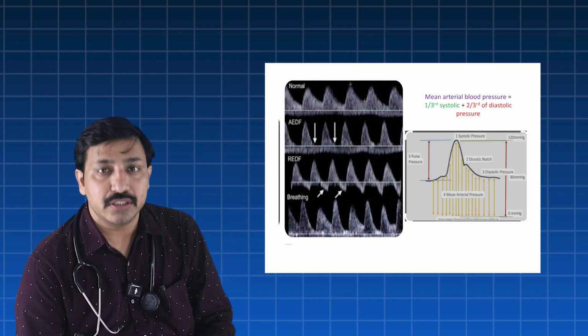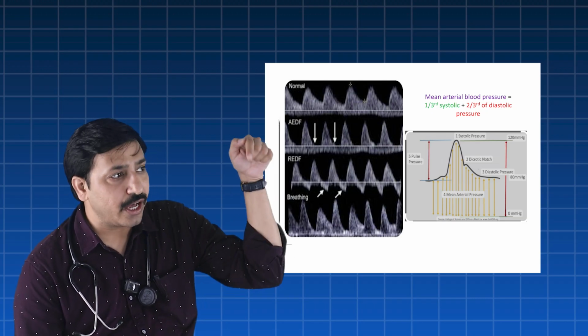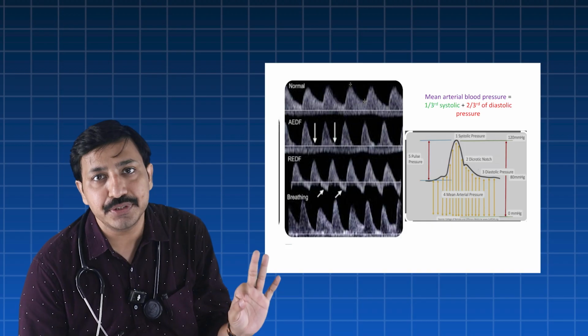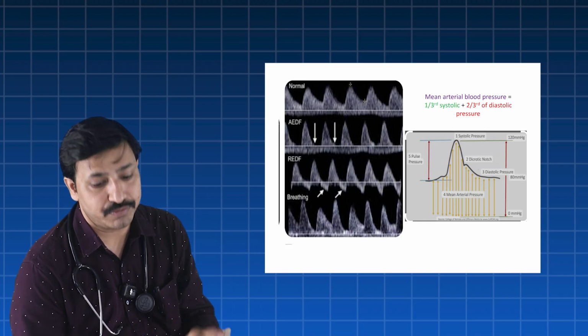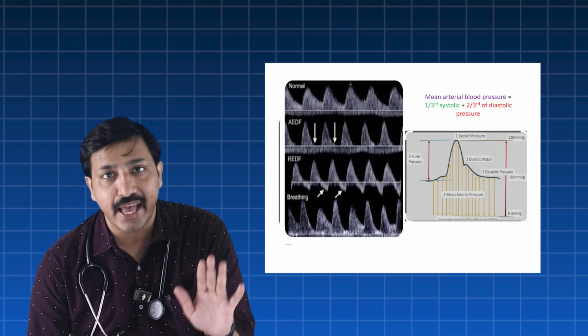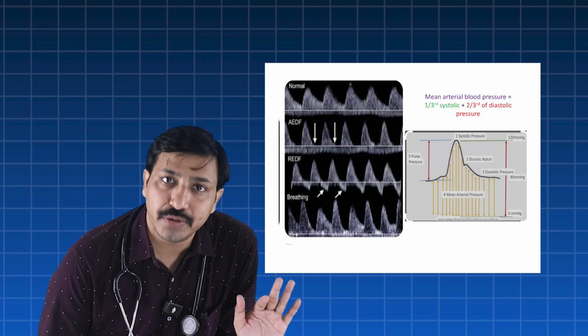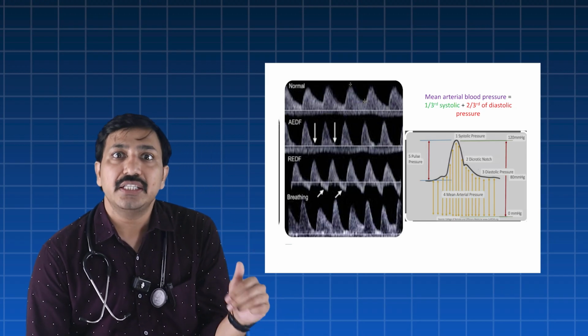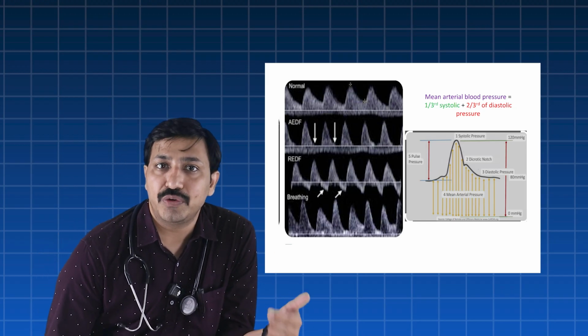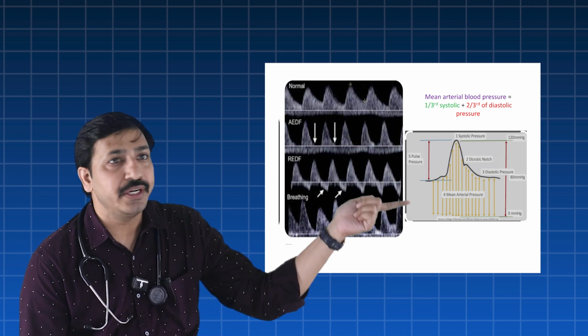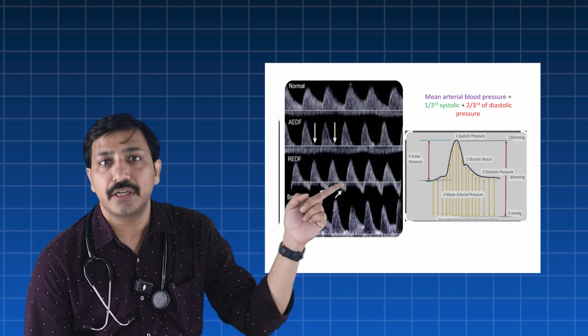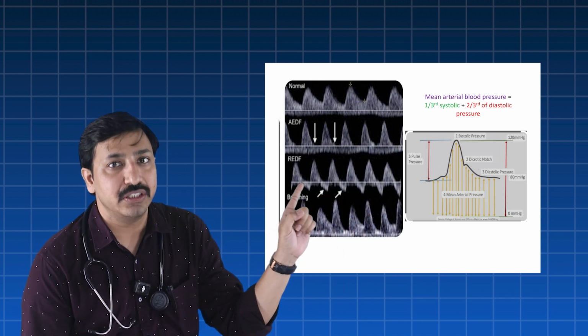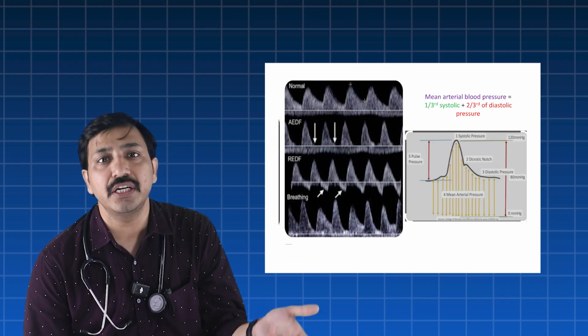Coming to the lower one, you can see the arrow mark showing there is an absent end diastolic blood flow. When we say there is an absent end diastolic blood flow, once again compare with the mean arterial blood pressure, which is 1/3 of the systolic plus 2/3 of the diastolic.